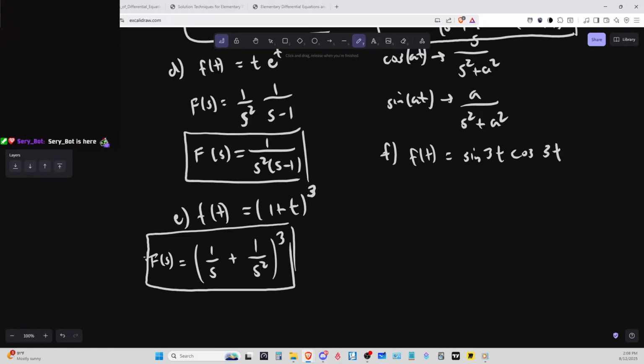Cosine. So for sine we have 3s plus a, and that multiplied by s. Oops, this should be 9, so it's 9.